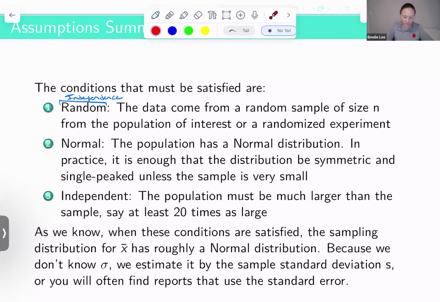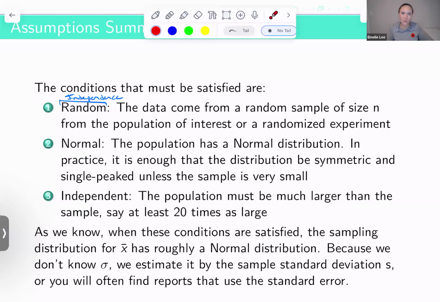So if the data come from a random sample of size n, or a randomized experiment, if we're working with experiments, then you can assume independence. The normality condition: the population has a normal distribution. That's a nice place to start, but not always reasonable. In practice, it's enough for the distribution to be symmetric and single peaked.